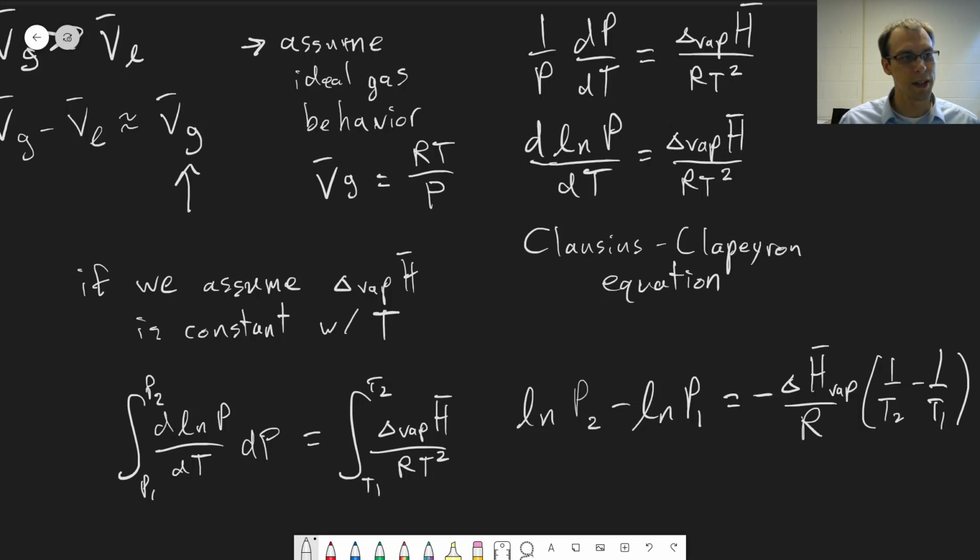This is an integral we've seen before in this class. This allows us, if we know the enthalpy of vaporization and the vapor pressure at a particular temperature, to find it at a different temperature. And so in the next video, we'll look at an example of this.